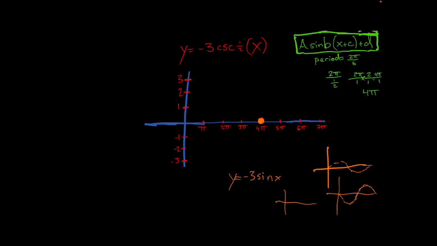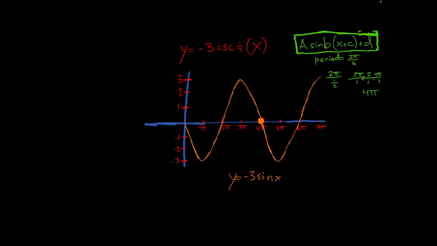It would look like this. Just draw that. Alright, so we've graphed -3 sine of 1/2 x, because remember we were still keeping in mind that our period was 4 pi. So again, we've marked where one period is.